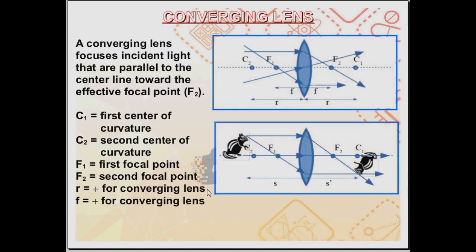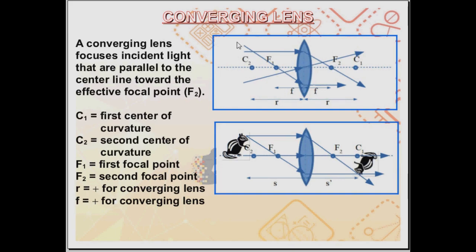There are two types of lenses. As we have mentioned, you have the converging lens and you have the diverging lens. Let's take a look at the converging lens first. A converging lens focuses the incident light that is parallel to the center line. The dashed line is the center line. The lens focuses the incident light towards the second focal point, F2.